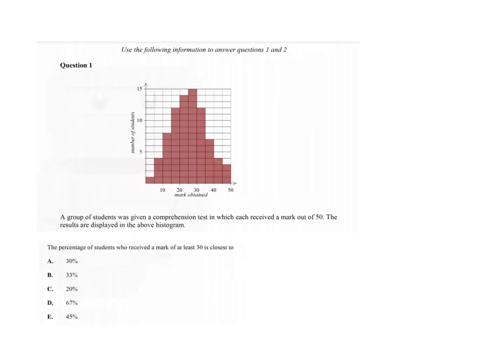Okay, use the following information to answer question 1 and 2. A group of students was given a comprehension test in which each received a mark out of 50. The results are displayed in a histogram. The percentage of students who received a mark, and remember percentage is amount out of the total times 100, of at least 30.